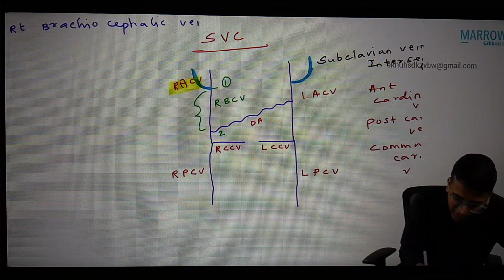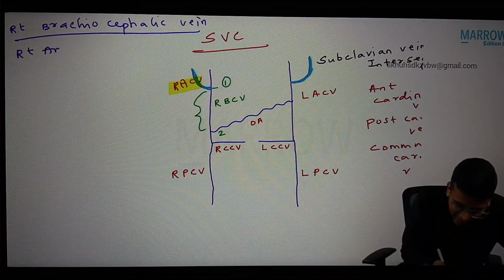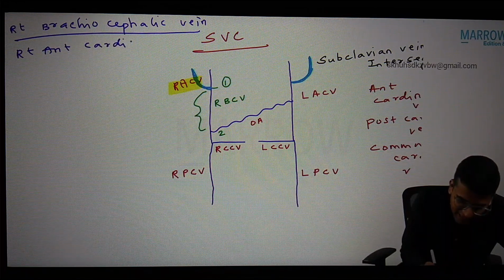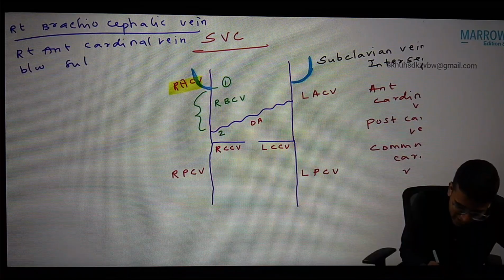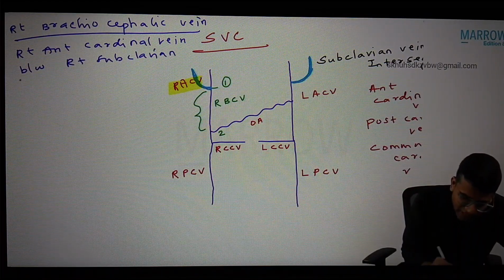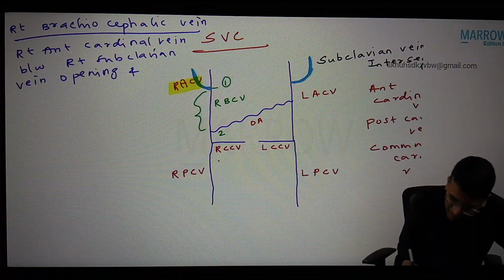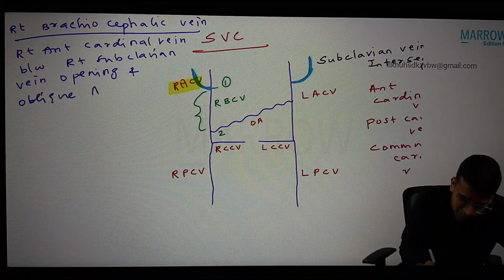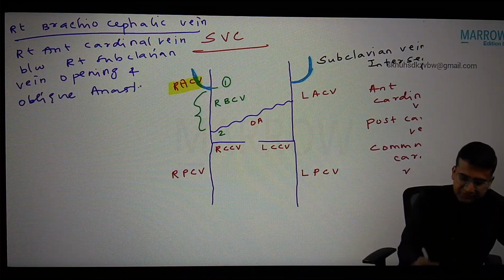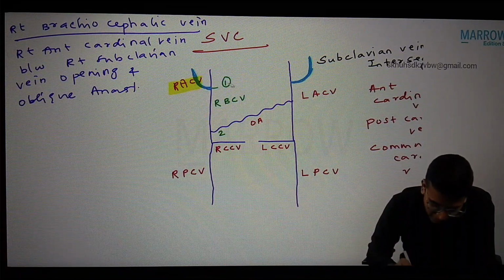Right brachiocephalic vein is derived from right anterior cardinal vein, which is formed between right subclavian vein opening and number 2, the oblique anastomosis. Fine. So now you got right brachiocephalic vein.